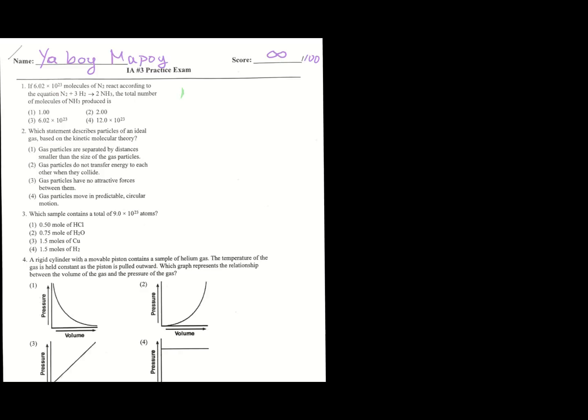So there's going to be 1 N2 for every 2 NH3 in this reaction. Not necessarily that 1 N2 equals 2 NH3, that's kind of like an incorrect symbol, so let me get rid of that. So we could see that 1 N2 leads to 2 NH3. So there's like a 1 to 2 ratio here.